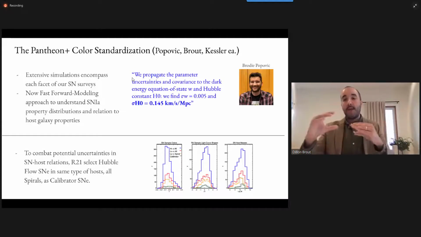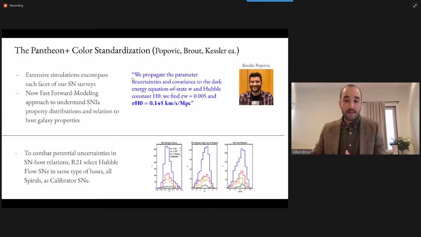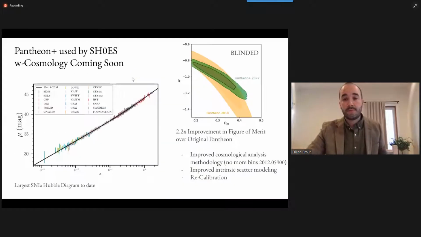And what he does is essentially trim down the Pantheon Plus sample to the most similar demographics between the second and third rungs to mitigate this potential systematic uncertainty. So you may see, we are talking about 1,700 supernovae in the Pantheon Plus analysis. You may see a different number in the SH0ES paper, and that's for this reason.